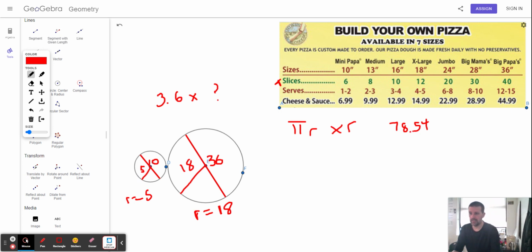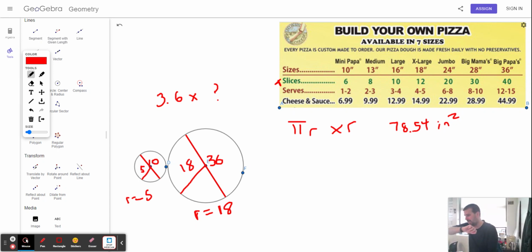Okay, so that's inches squared. That's for the 10-inch diameter pizza, using the radius of 5 inches. So that means that if we go 3.6 times that, it should be, what is that, 70, 140, 200, should be 225-ish inches squared, if it's true that a 36-inch diameter pizza is 3.6 times the amount of pizza as a 10-inch diameter pizza. Let's find out if that's true.